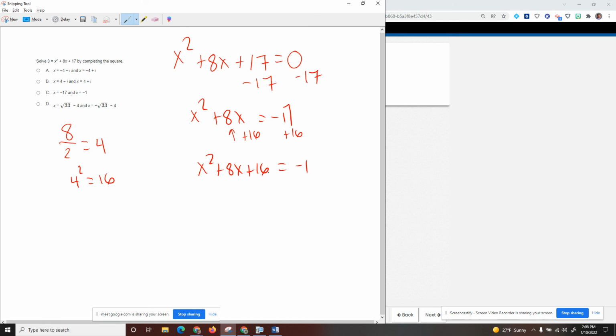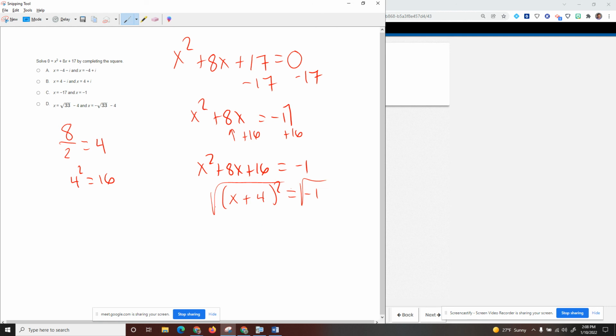X squared plus 8x plus 16 is a perfect square, and that can get factored by taking the square root of the first term and the square root of the last term and the sign of the second term and making it squared. So now I have x plus 4 squared equals negative 1. Let's take the square root of both sides.